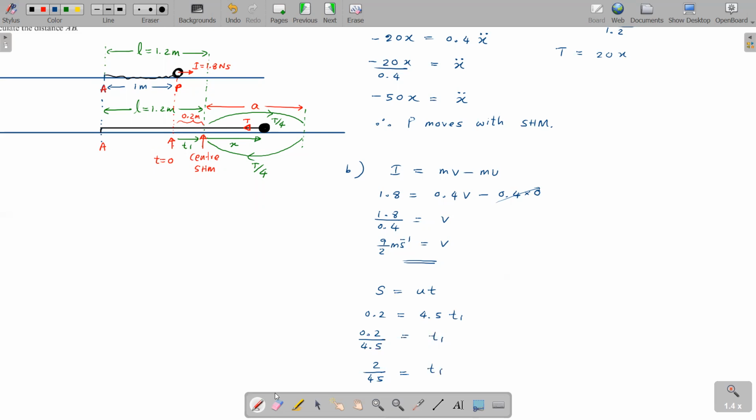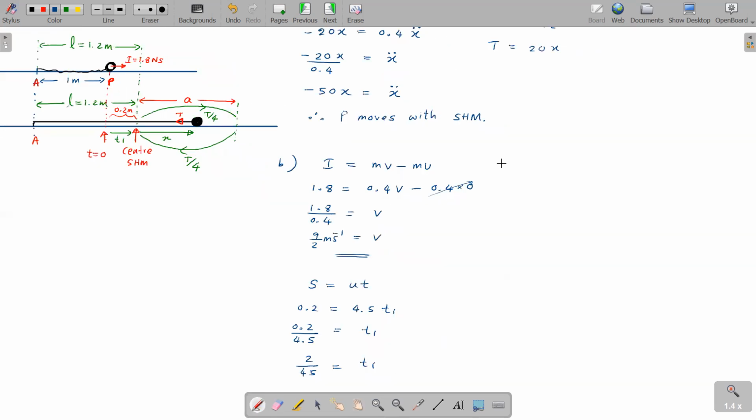Let's also get the time it moves under SHM. The periodic time is 2 pi over omega. Omega squared is 50, so omega is root 50. Can I know the simplified answer of 2 over root 50? Type into the calculator 2 over root 50, and I get root 2 over 5.